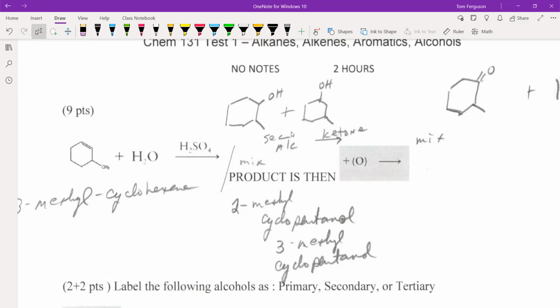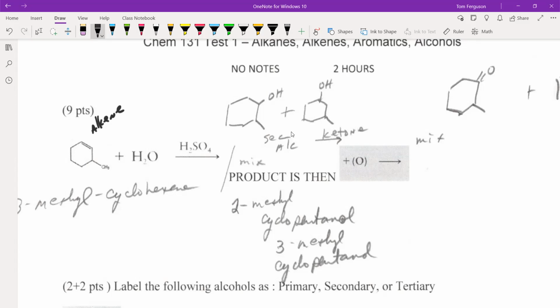All right, so we have an alkene. We have water under acidic conditions, so that water is going to add across that double bond 2 different ways. Normally we have a mix whenever we add water to an alkene under acidic conditions.